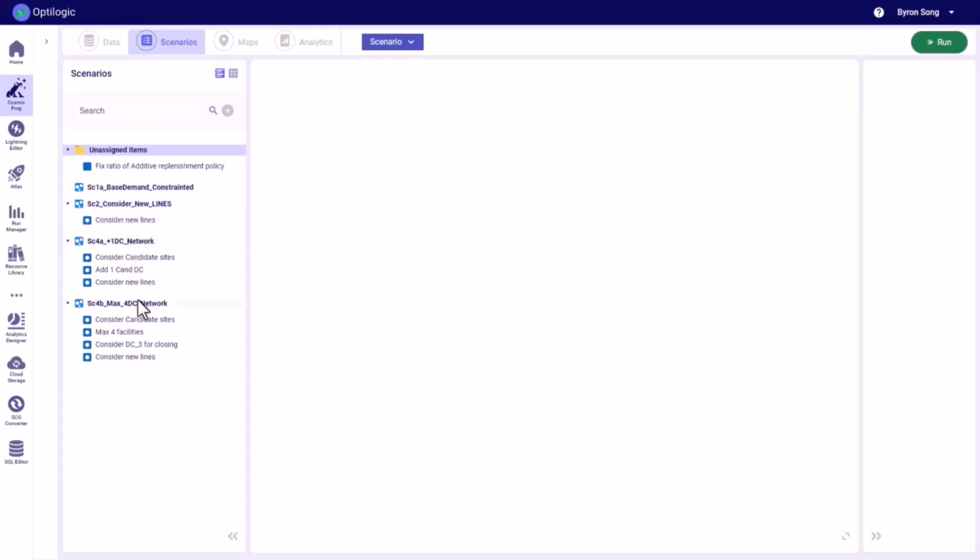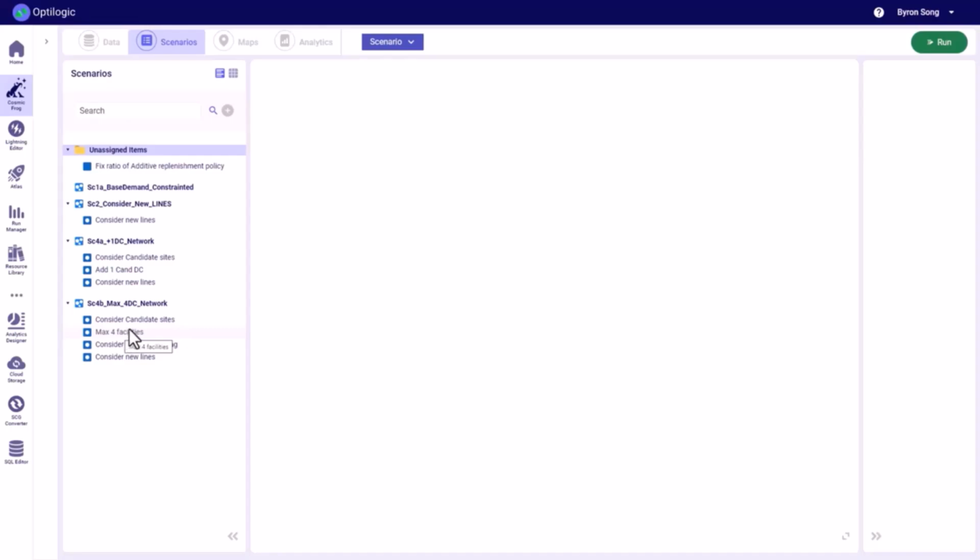We also have two scenarios here set up, which says if we keep the current 3 DC but add a new DC, where should it be and when it should be. And the next scenario is to say if we also consider closing DC3 but keeping the maximum number of DCs to be 4, which 4 it should be.